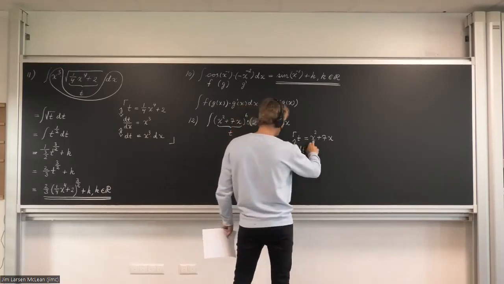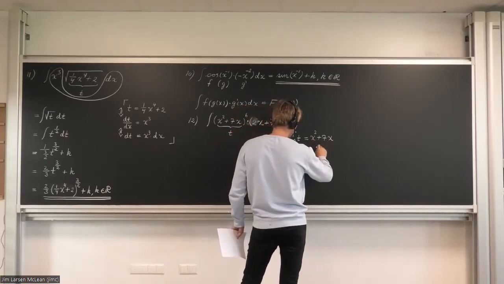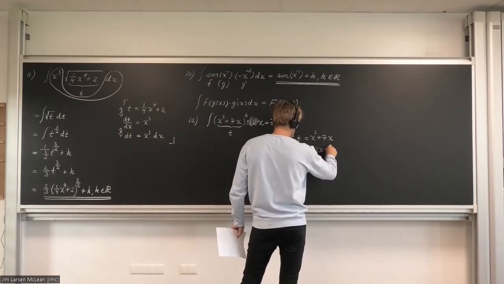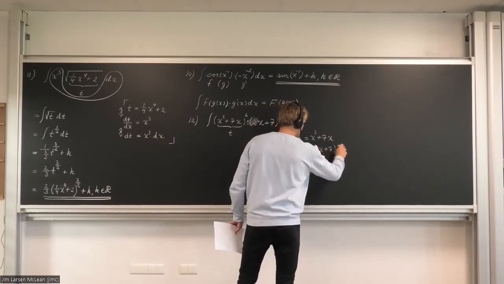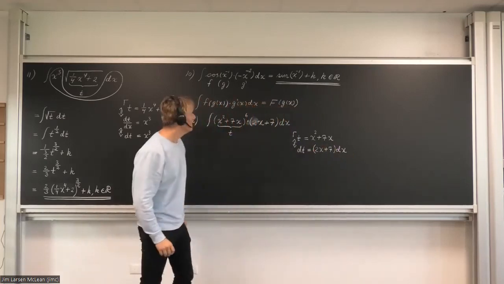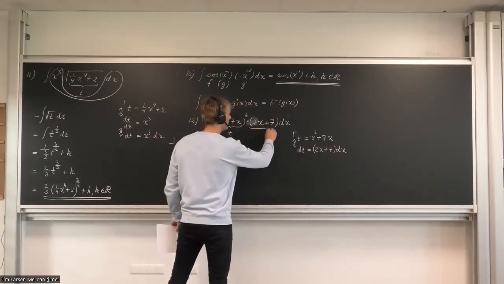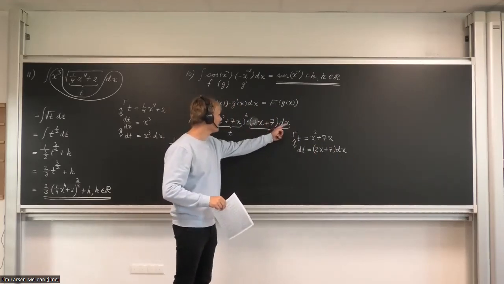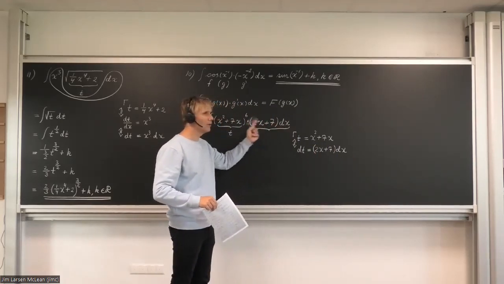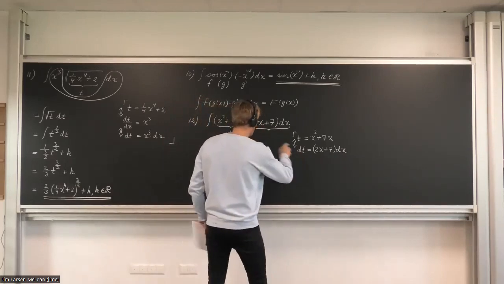That must be the differentiated plus the differentiated. That's 2x plus 7. And that's exactly what's written here. So 2x plus 7 times dx, where I forgot to write in this factor, can be replaced by dt.